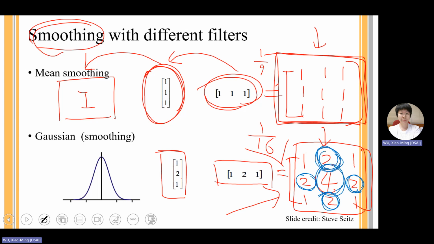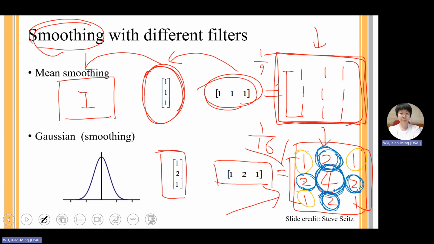So that's why the central pixel has the largest weight, and then pixels in this position have the second largest weight, because these pixels are closer to the center than these pixels.